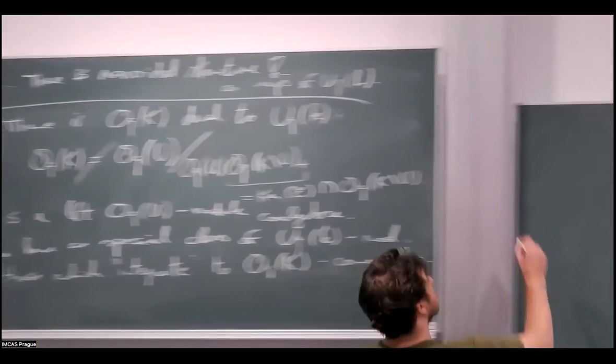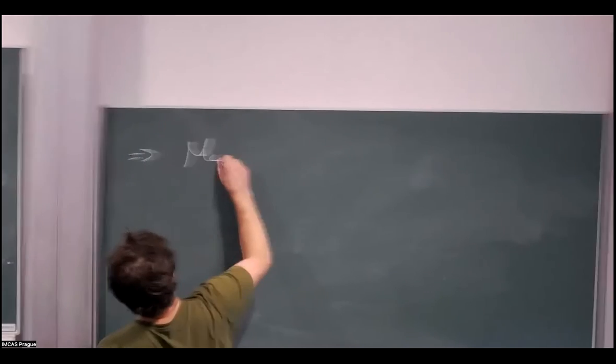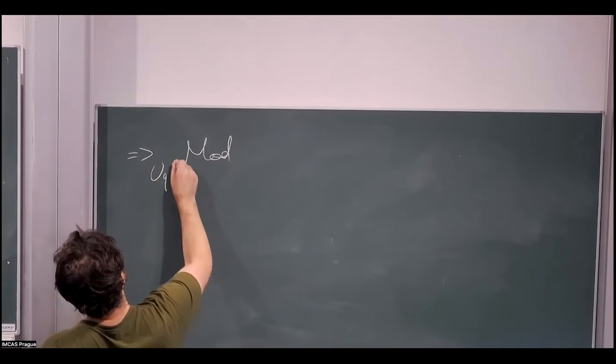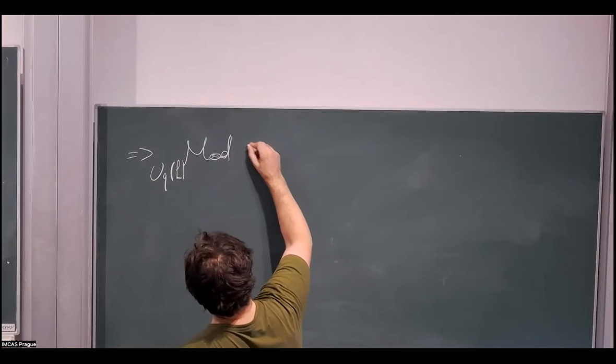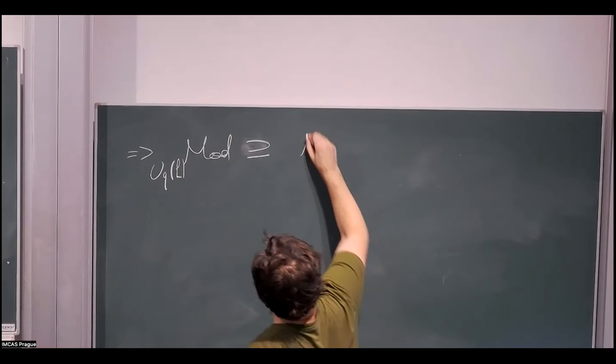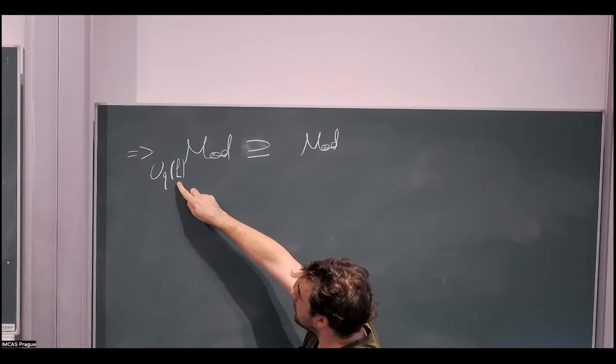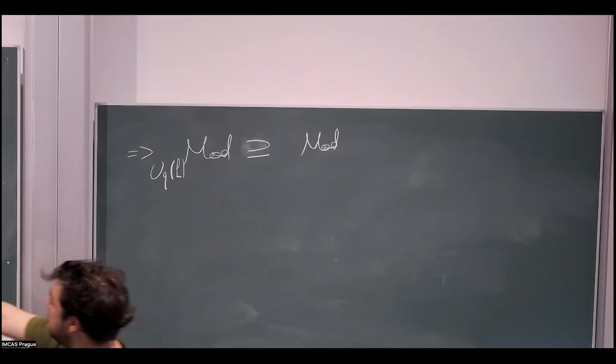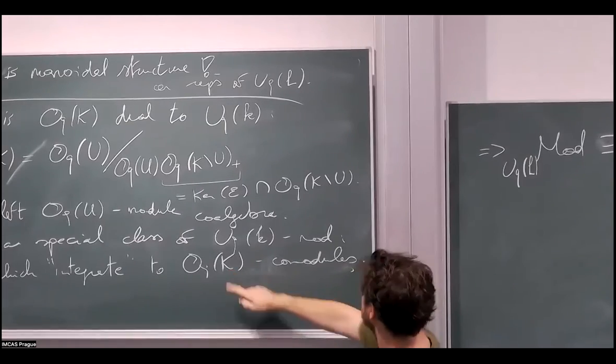So if I am only interested in modules over UQL without any analytic structure, I can look inside special modules where the part for UQK integrates to an OQK co-module structure.